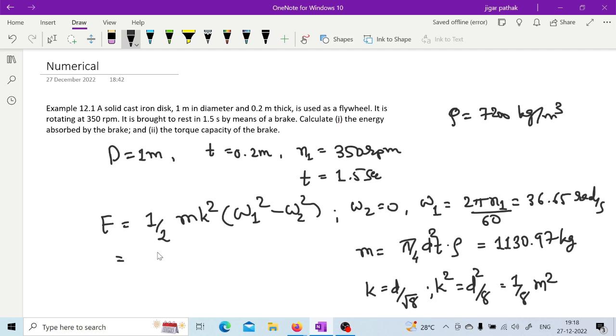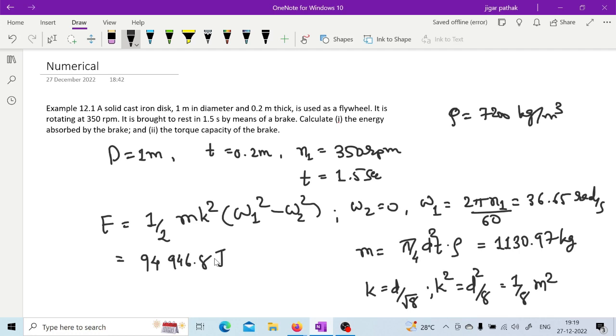So once you have all this, then keep this energy in joules only. Don't directly go for kilojoule. Then what will be your answer? 94946.8. Okay. Right. So this will be your answer for energy.